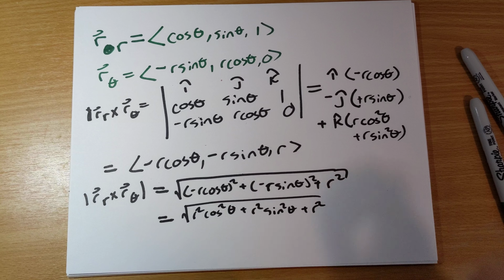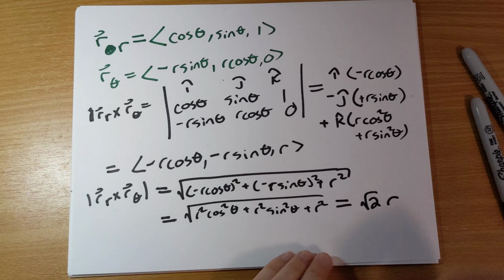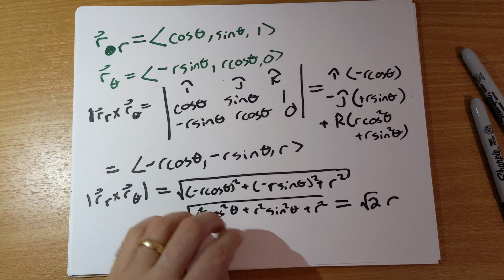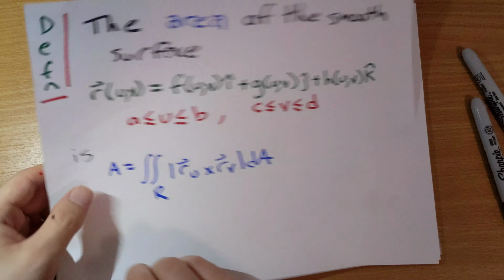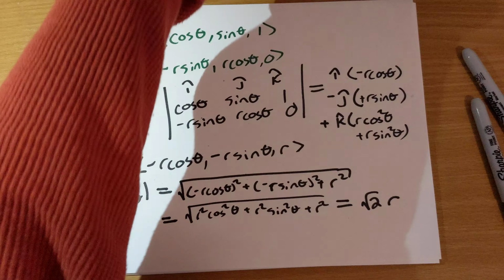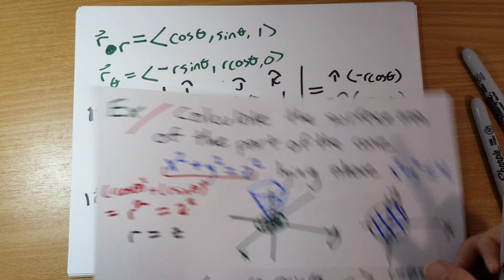This is r squared, this is r squared, 2r squared under the square root, square root 2 times r. So to finish off the problem, we need to apply this formula here with this as the magnitude of the cross product and these as our bounds.